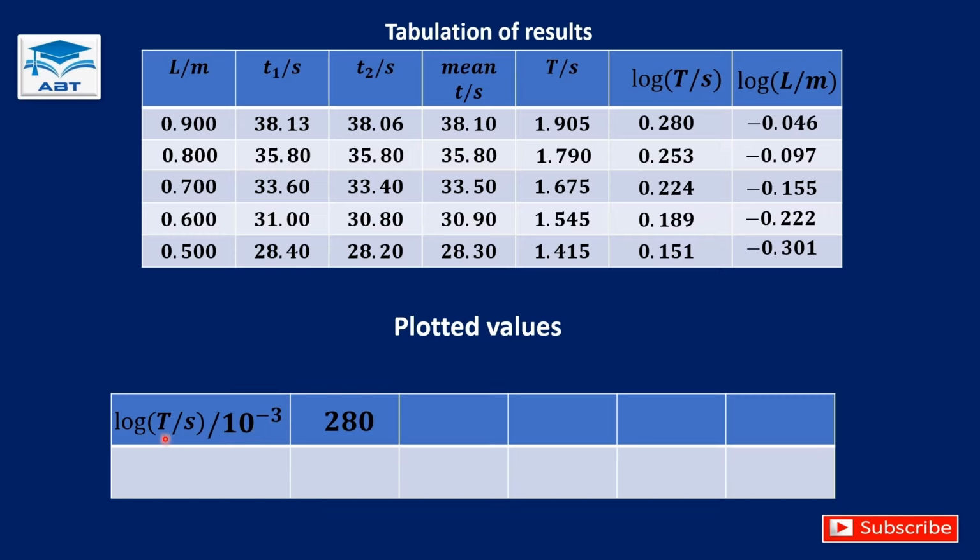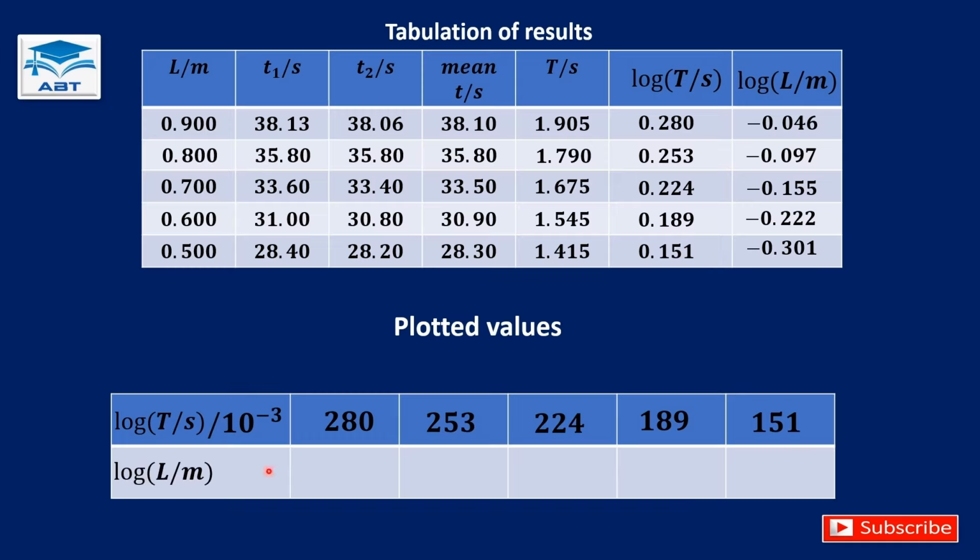So log t over 10 exponent negative 3, meaning 280 times 10 exponent negative 3, will give us the value 0.280. The next value, we move the point 1, 2, 3 and we have 253. The next one is going to be 224, the next one 189 and the last one 151.